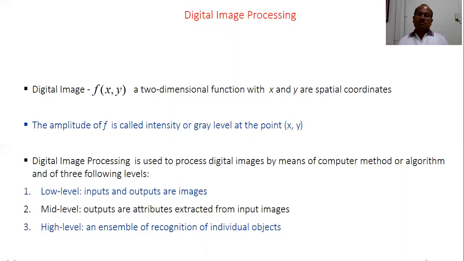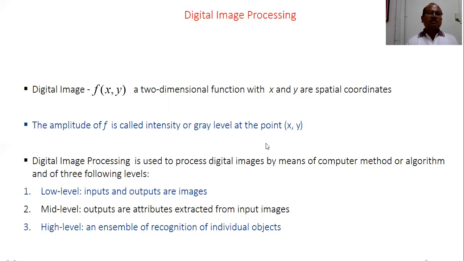In all these examples of processing, the image, its property, or the image itself changes. Some operation is performed. When we see all image processing, they are in three levels. All image processing tasks are performed in three levels. What are those three levels?